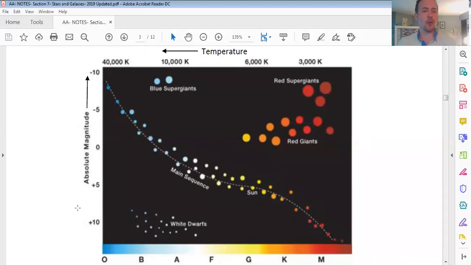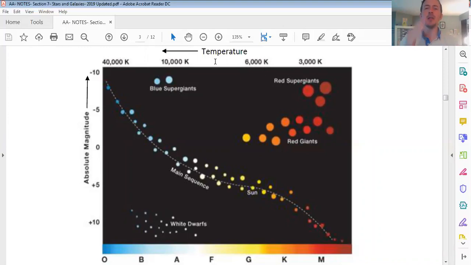Remember too, as we look over here, magnitude is a little bit funny. The lower the number, the brighter the star. So when we see negative numbers up here, these stars at the top are truly bright. When we see high positive numbers down here, these stars at the bottom are truly dim. On our other axis, which sometimes they'll show you at the bottom, sometimes at the top, either way it's the X or horizontal axis, is our temperature.